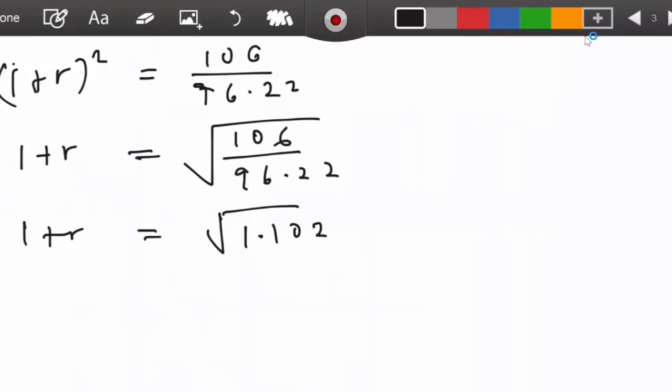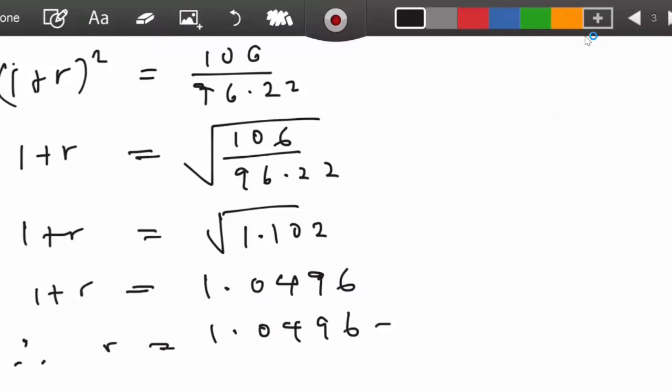What will that finally give us? 1 plus R will be equal to 1.0496. Therefore, R will be equal to 1.0496 minus 1, so R will be equal to 0.0496, or 4.96%. So this is for the second bond.